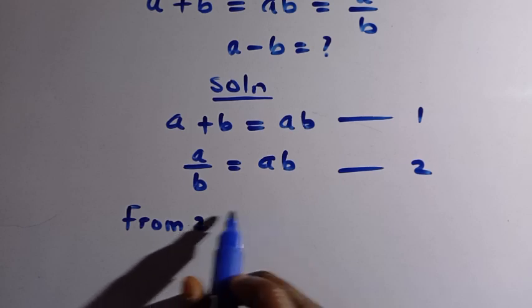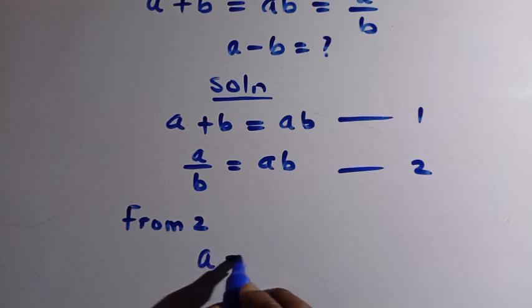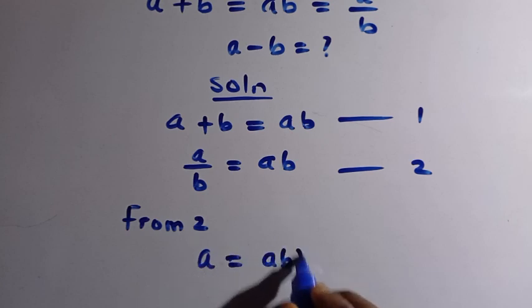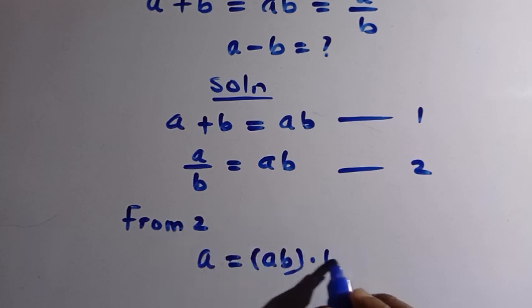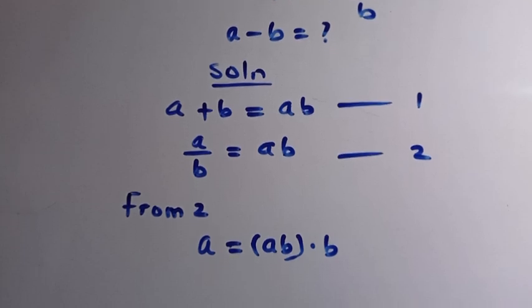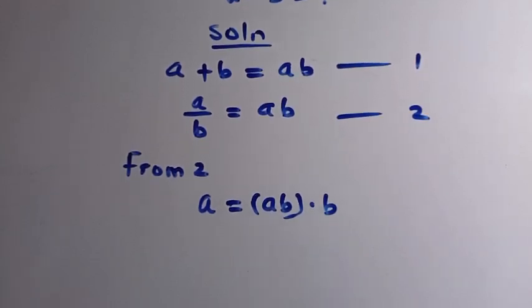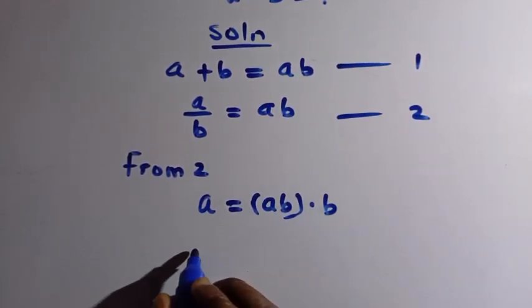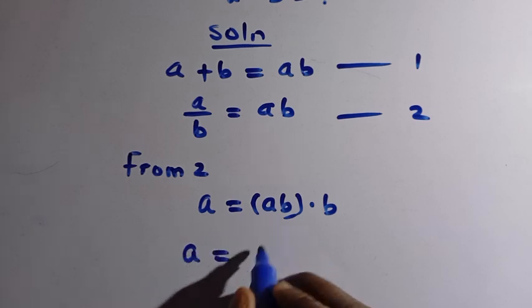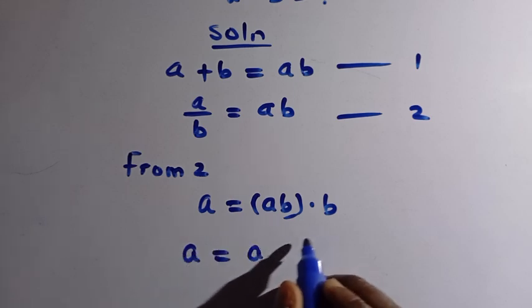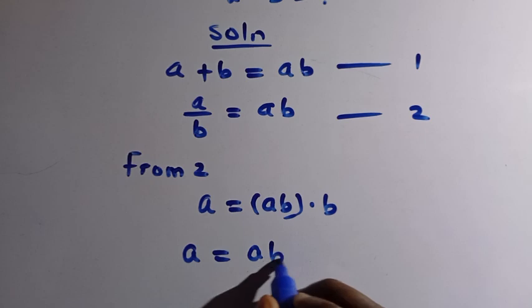Suppose I cross multiply here, we are going to have a equals ab multiplied by b. Then when we expand this one, we have a equals a multiplied by b times b, that is b squared.